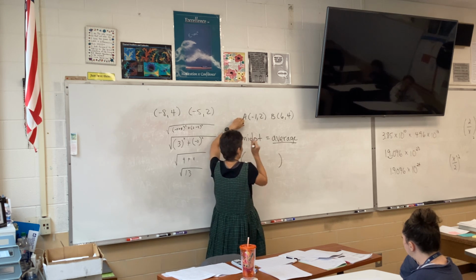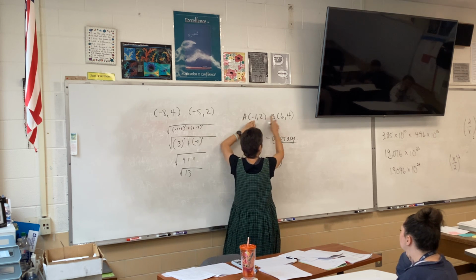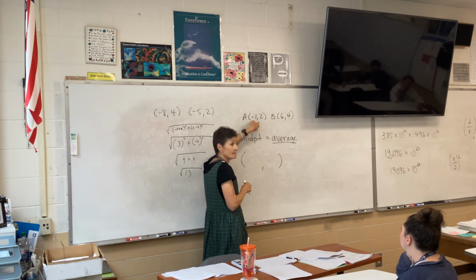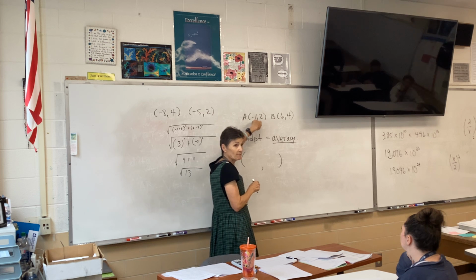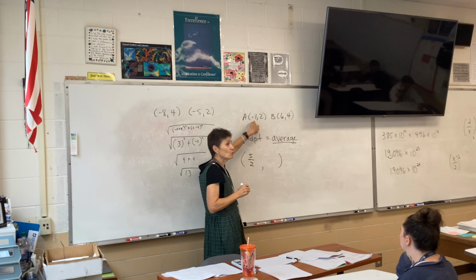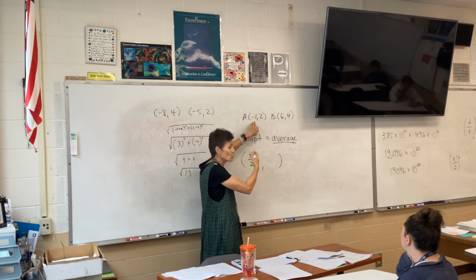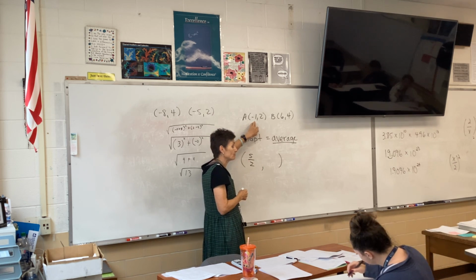Thank you. Okay, so I'm gonna average my x's. So -1 plus 6 is 5 divided by 2. I like just to say 5/2, but if you want to say 2.5, it doesn't matter. It's some version of 2.5.